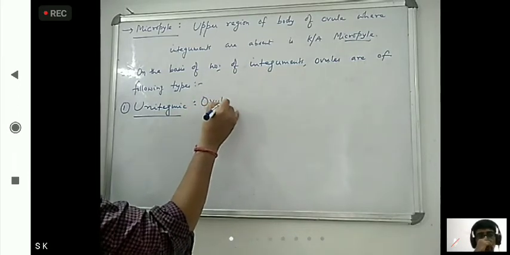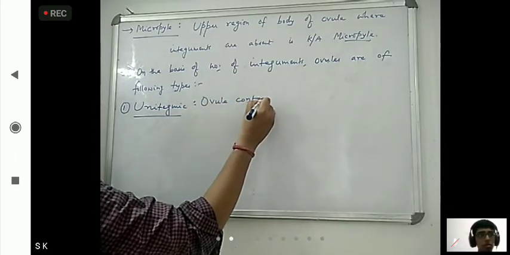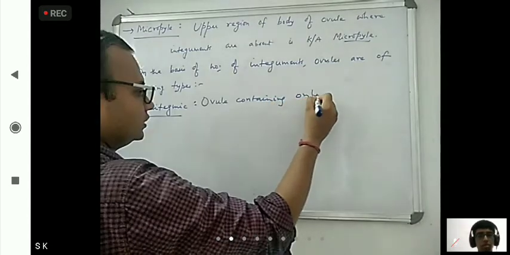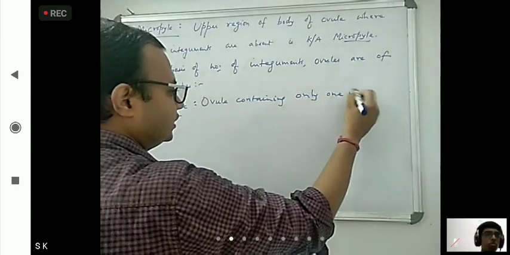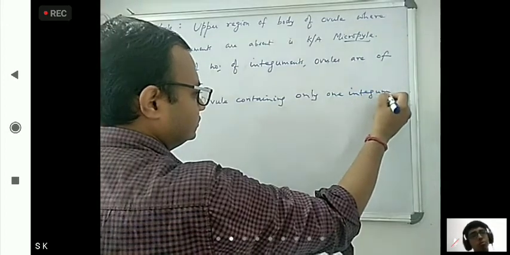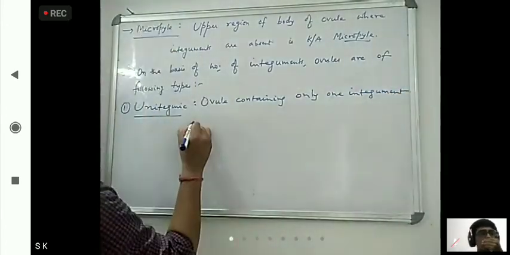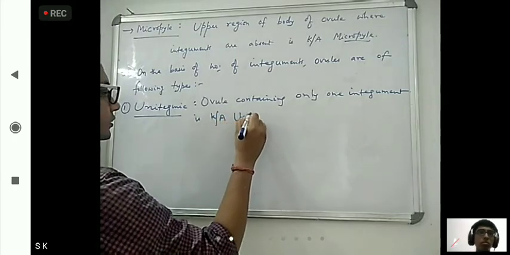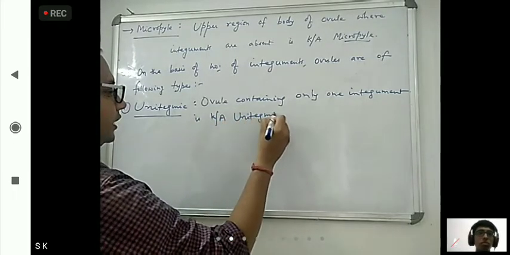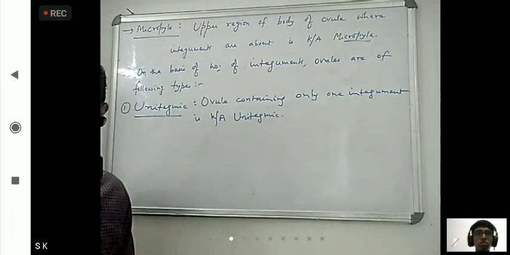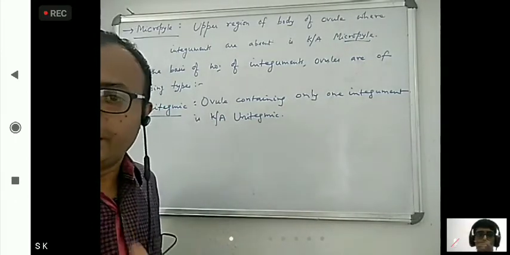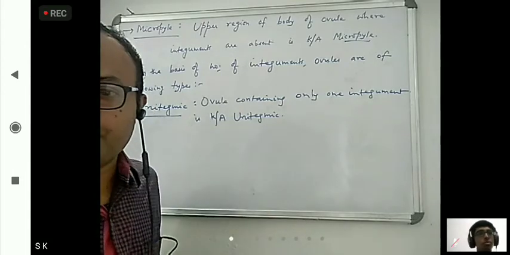Ovule containing only one integument is known as unitegmic. What will be an example of this unitegmic?